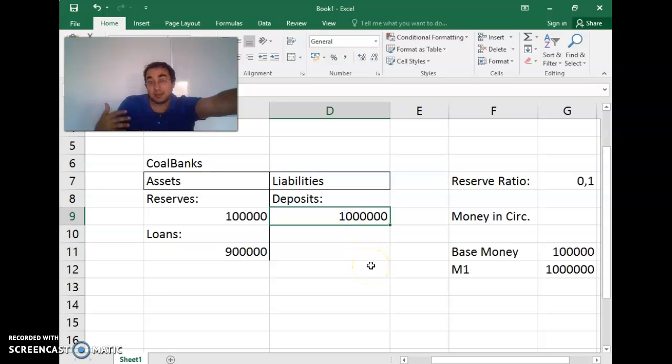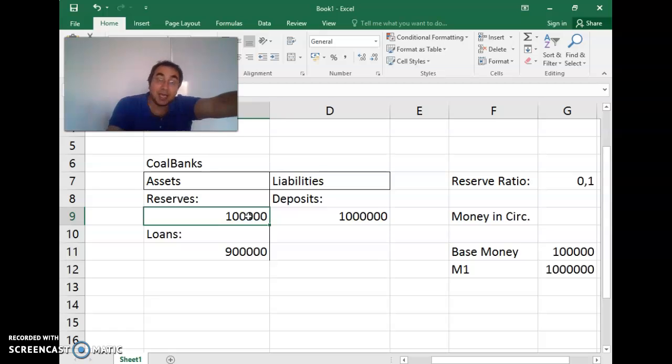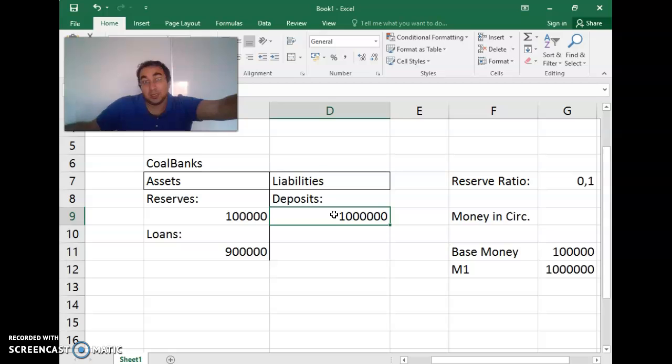However, the deposits people have in the bank, this $1 million, are very much acting like money. So this has become the money in the economic system, $1 million. So in the end, this initial fiat money, $100,000, has been multiplied, increased to $1 million.